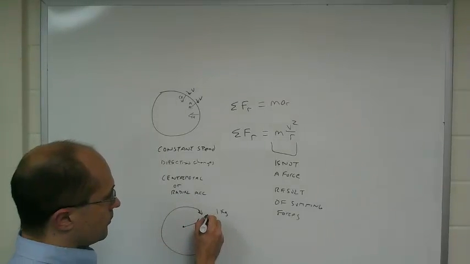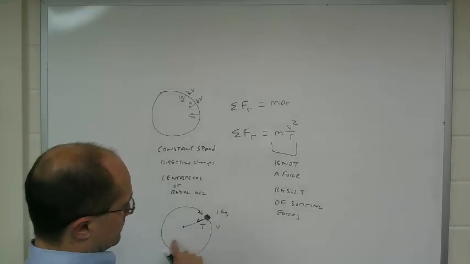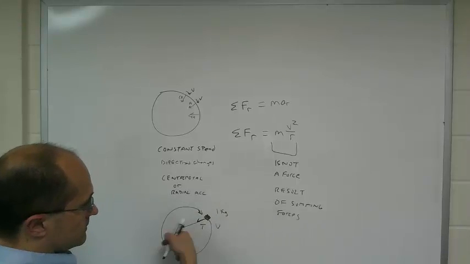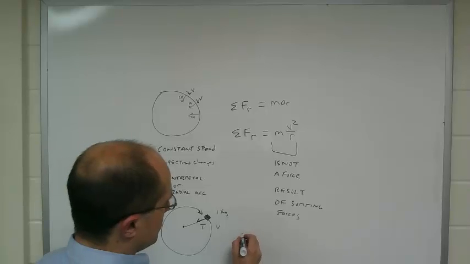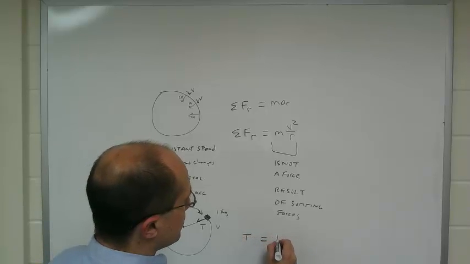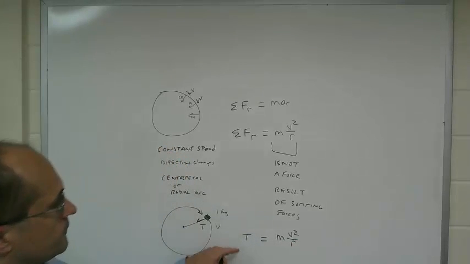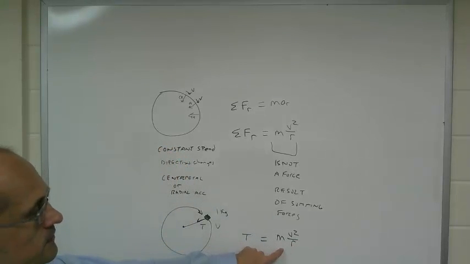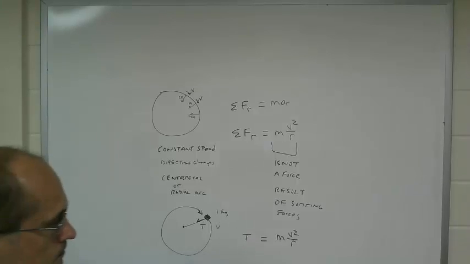So when we look radially towards the center of our circle, the force acting radially is the tension. The result of the tension is mv squared over r. If the rope doesn't supply this amount of tension, then the object would not go in the circle.